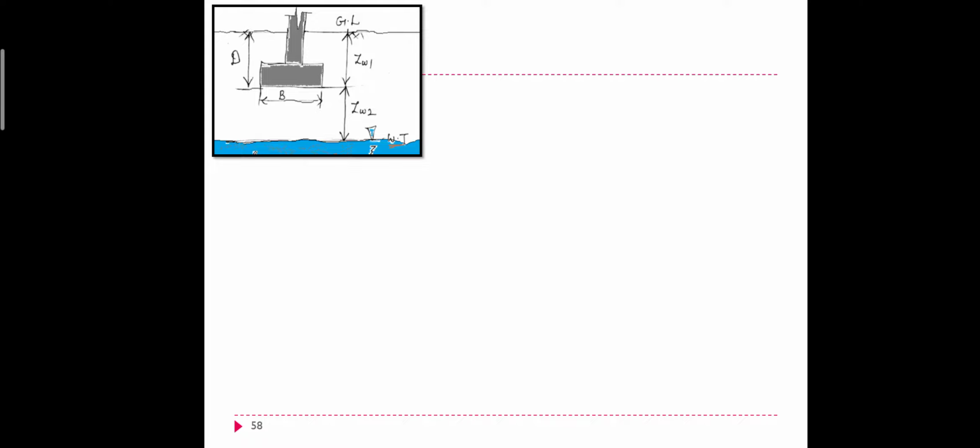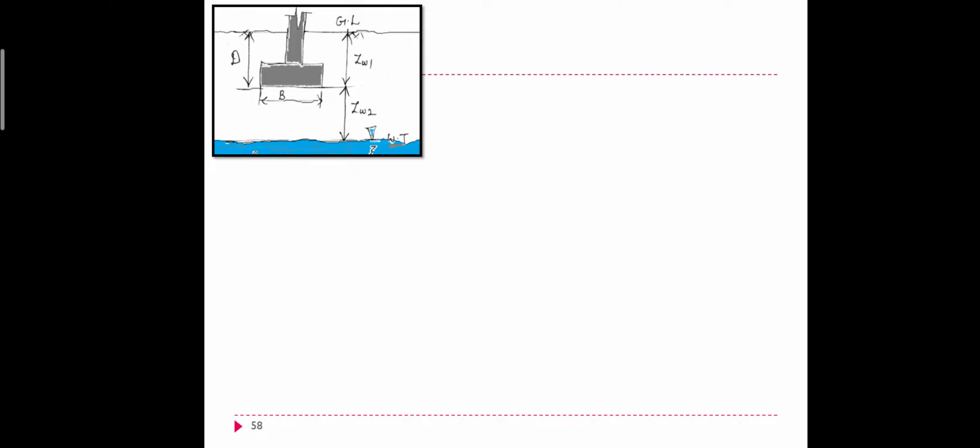It is always from the base of the footing to the water table. Here you directly get ZW2. That is the first step whenever a water table problem is given: see where the water table is, and what ZW1 and ZW2 of that problem are. That should be found out first.